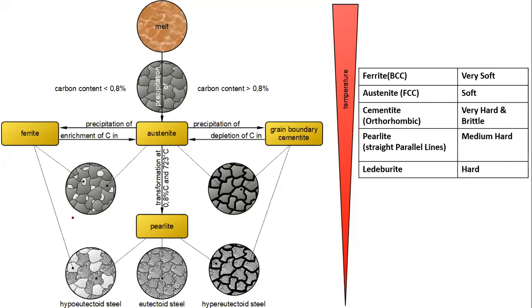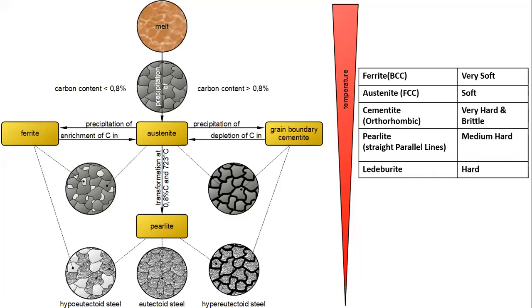Hypoeutectic steel nature, once you identify ferrite, it is a very soft, and pearlite, here pearlite medium hard. So as compared to both nature, very soft and medium hard is possible for hypoeutectoid steels. So resultant to formation of number of tools, that means hand tools, machine operated tools, and so many structures is possible in hypoeutectoid steels.